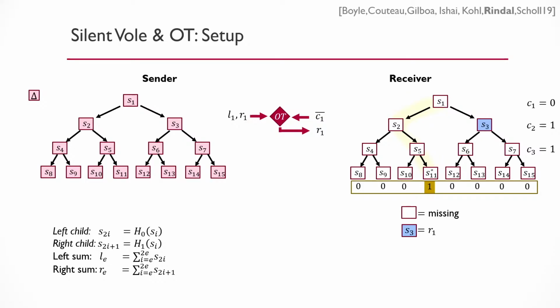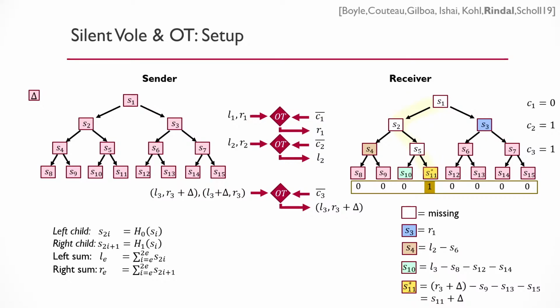And there's this clever algorithm where, for the seeds that the receiver is allowed to learn, you can use an oblivious transfer for each level and pick up the seed that the receiver is allowed to learn, and expand the corresponding subtree, pick up the next seed they're allowed to learn on the so-called co-path, and keep expanding the tree until you get to here. Then you do something slightly different: you let them learn the co-path seed, but at the special position they don't learn the seed, they learn the seed plus delta.